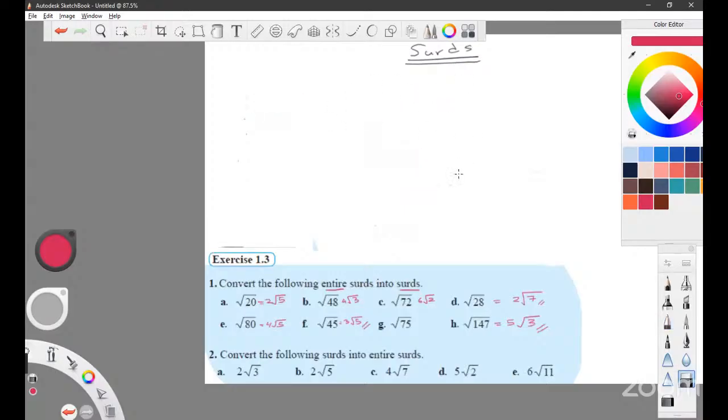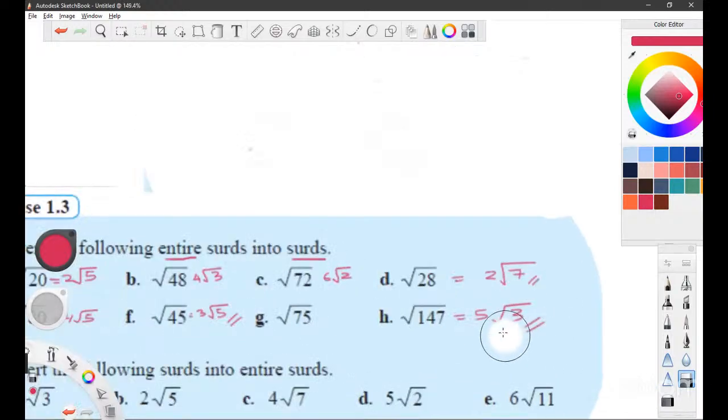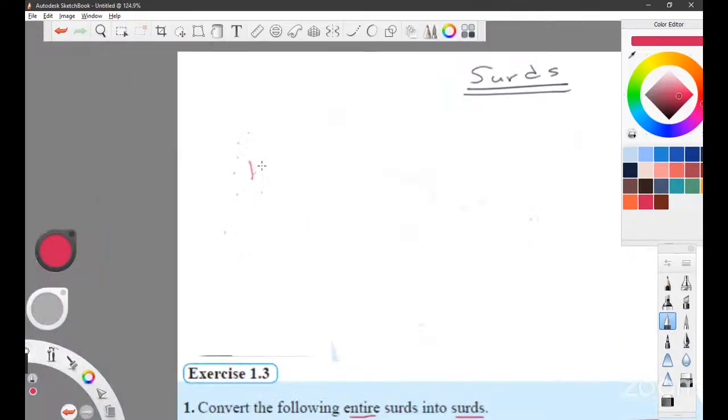And what about, sorry, not this one. Square root 147. What makes 147? If you just use square numbers, does it come from 4 times something? No. What about 9 times something? 16 times something?